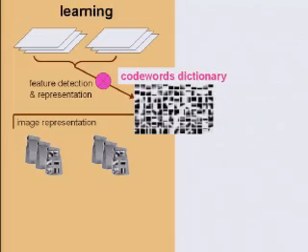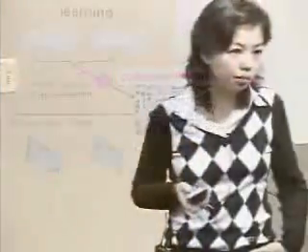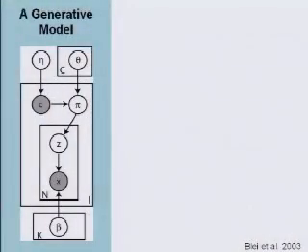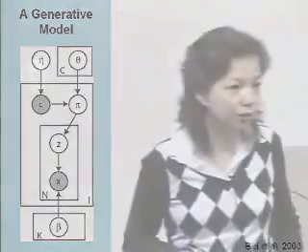So having represented the images in bag of words, let's look at the tough part, which is how we really build the model and learn the model. So here is a representation of our model. It's a generative graphical model, and I think most of you here are familiar with graphical models.